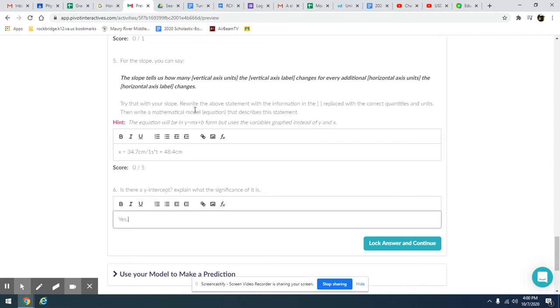The significance of the y-intercept is the position, it's how much y you have, the position of the car when your horizontal axis is at 0, when time is 0. In other words, it's starting position.